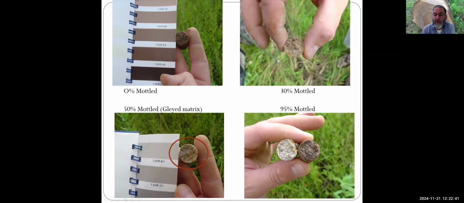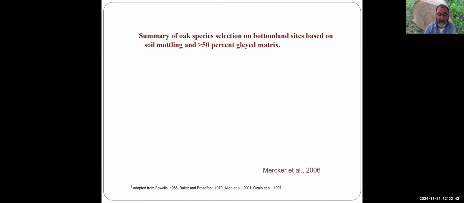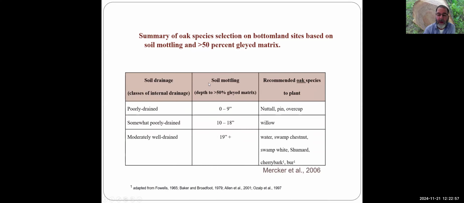But at any rate, here's what we came up with on the study. Again, this is a summary. We just looked at oak species and the survival where we reached this 50% gleyed matrix, mottling gleyed matrix. And here is what it looks like. So 3 different columns. Let's focus on this column right here because this is that soil mottling, the depth to that 50%. So we've got 50% gray. And if that 50% gray occurs within the top 9 inches, that soil is considered poorly drained.